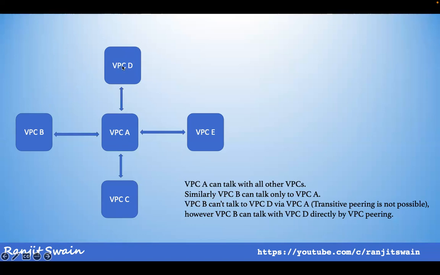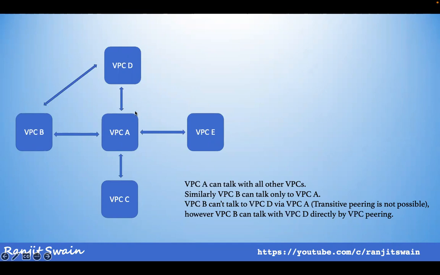Now let's understand this. VPC A can talk with all other VPCs. Similarly, VPC B can only talk to VPC A. VPC B cannot talk to VPC D via VPC A. That means transitive peering is not possible. So this is the diagram of transitive peering.